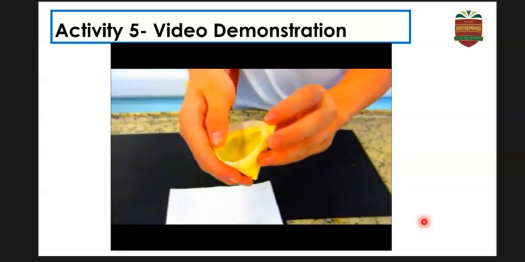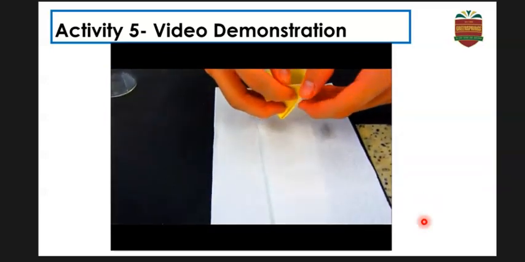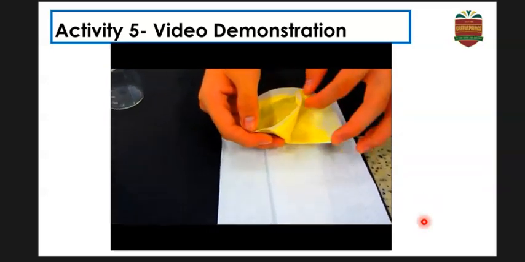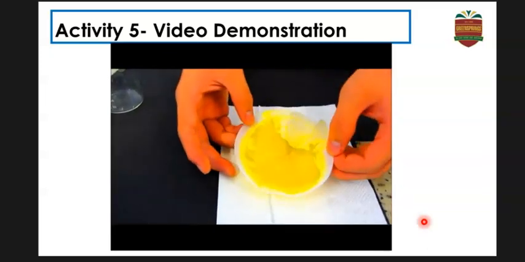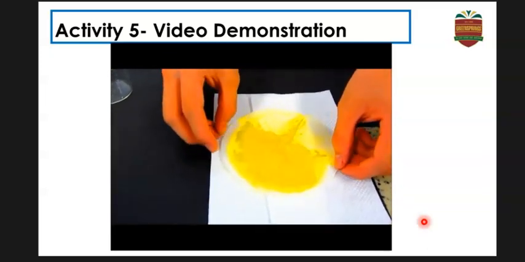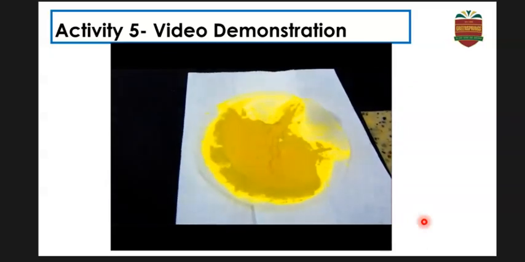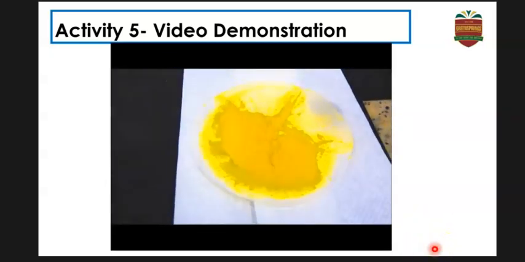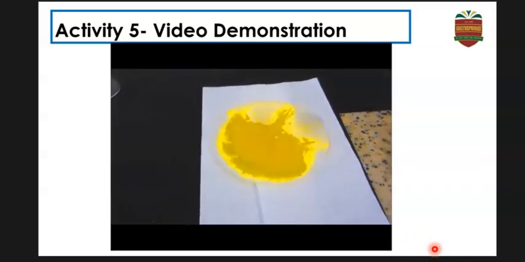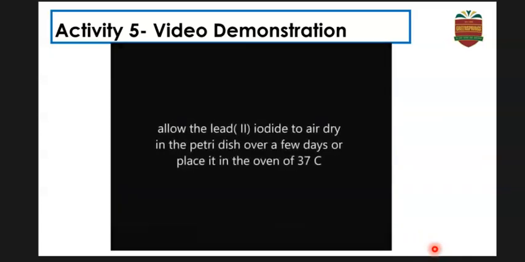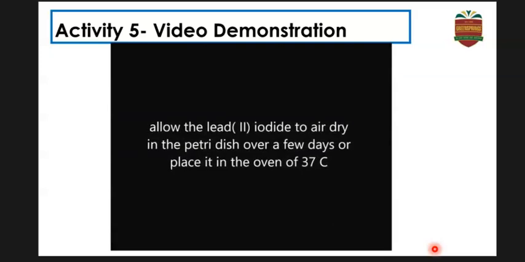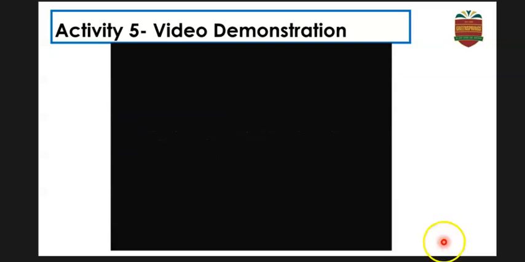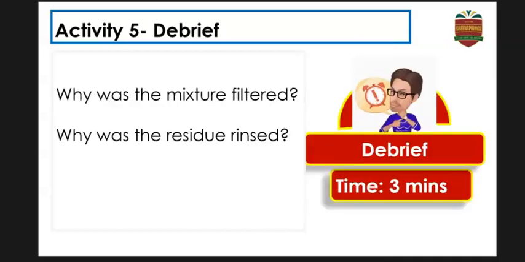Look at how the filter paper was folded. So what is being done at this stage, or what is required to be done at this stage in order to get the lead iodide? Okay, I believe you have noted your observation.